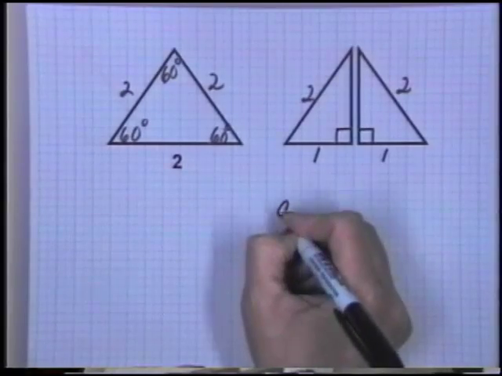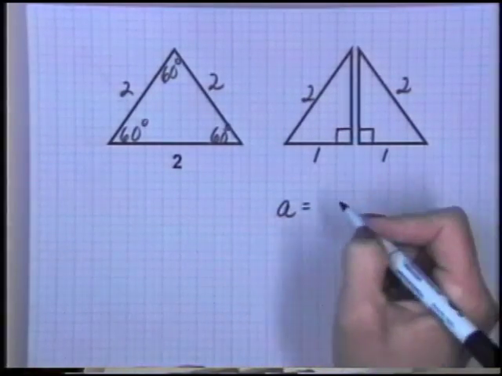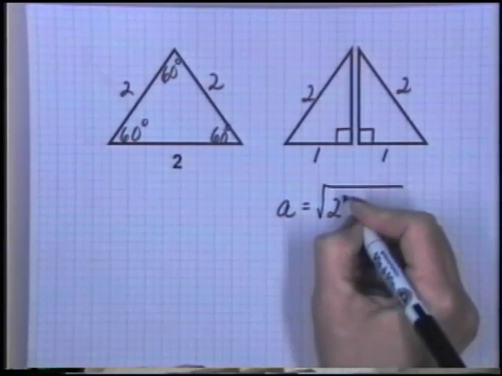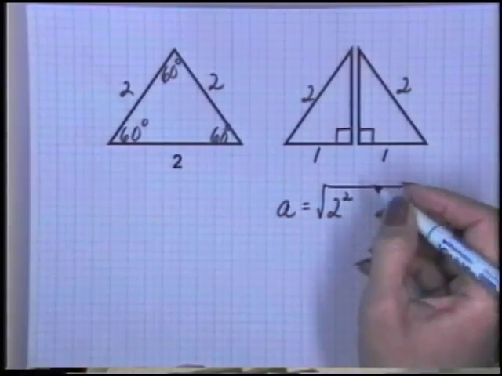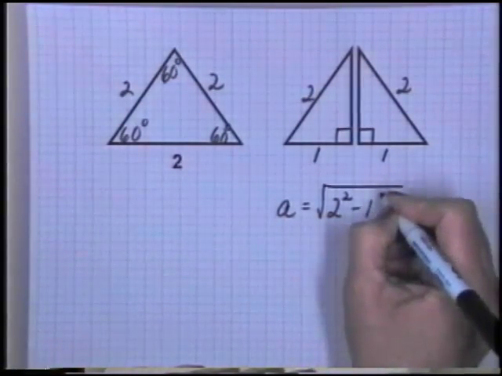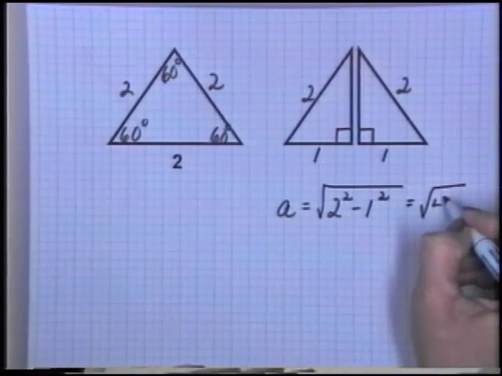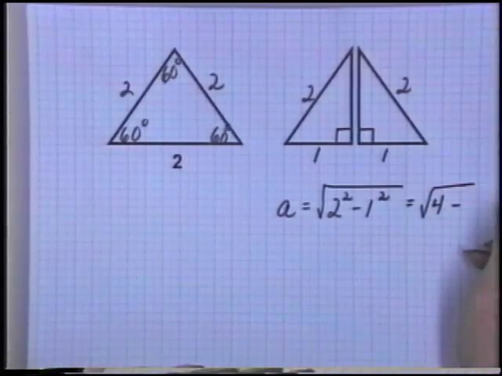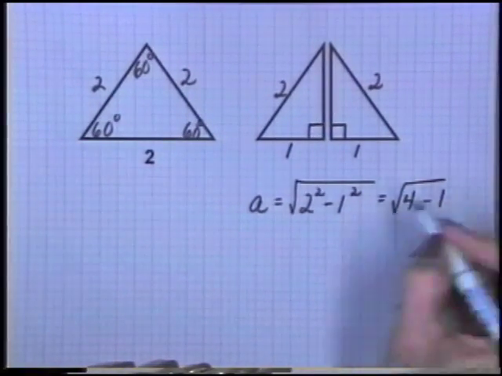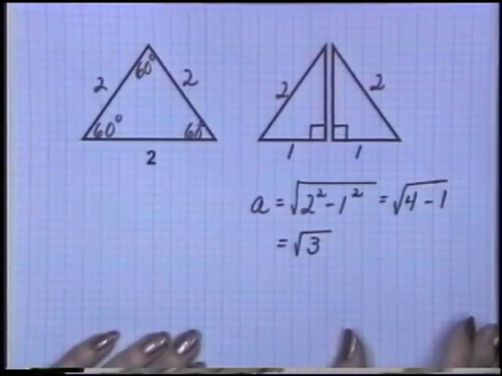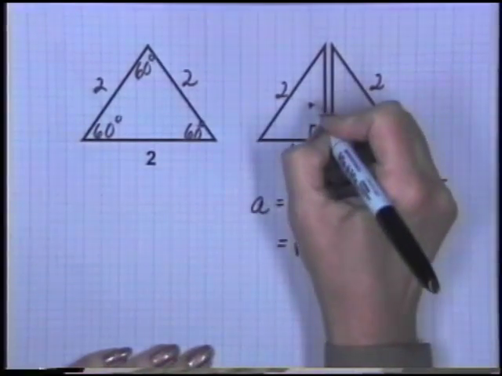I will call that leg A, and we can use the Pythagorean theorem, which says to square that hypotenuse and subtract from it the other leg squared. 2 squared is 4, subtract 1 squared is 1, so we get that the measure of that other leg in each triangle is the square root of 3.